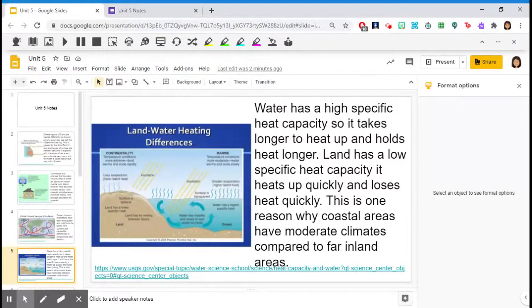So land or stove surfaces or metal or solids, they heat up quickly and they cool down quickly. A classic example of this would be a cement, a sidewalk, or pavement.